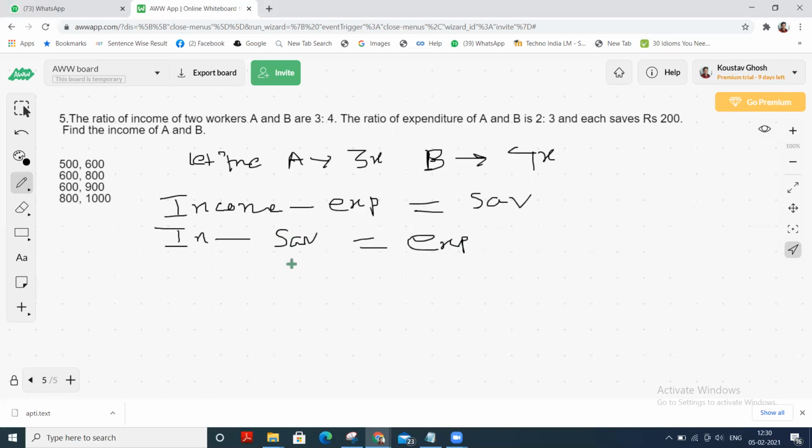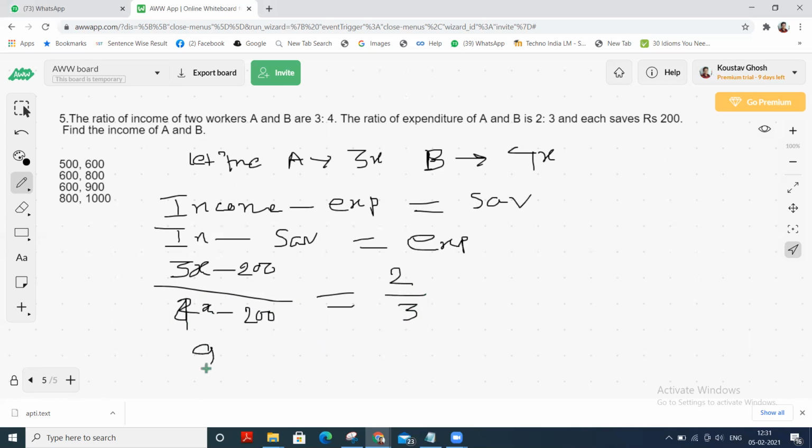So income minus savings, what is the ratio between them? That is 3x minus 200 for A. Okay. And 4x minus 200 for B. Ratio is 2:3. So 9x minus 600 equals 8x minus 400.